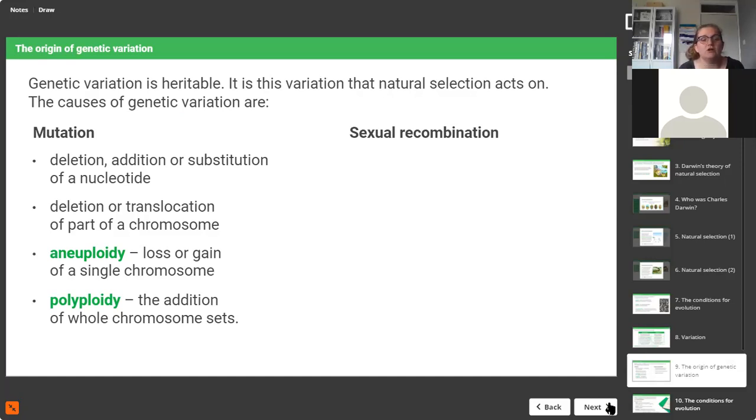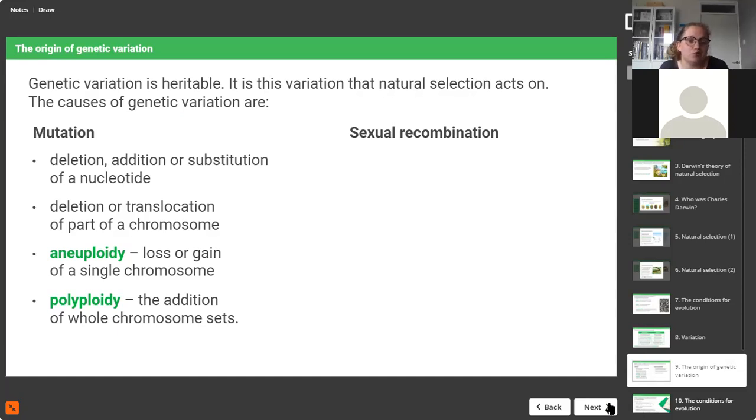We could have a deletion, an addition, or a substitution. Any time we're creating new cells, we go through mitosis and all the DNA is being replicated. Again, if any bases are deleted, added or substituted, we can cause a mutation.